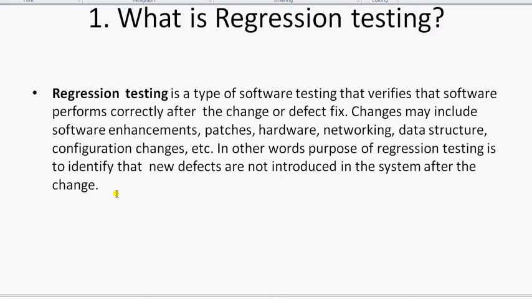If the new functionality is not working, they are still unhappy, but they are okay because they can manage. But the existing functionality, their whole workflow depends on the existing functionality. So it is very important that new bugs are not introduced and the existing functionality is working, and that's the reason regression testing is important.